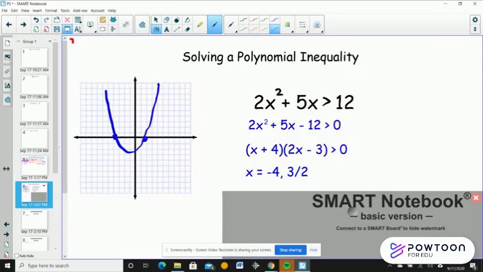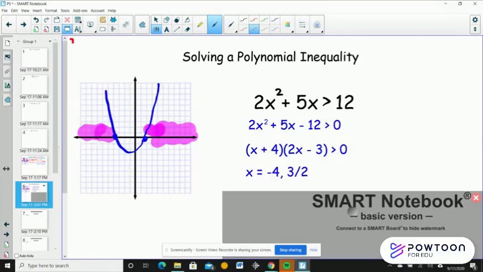once again, we can find the solution intervals for when the polynomial is greater than 0. So the y values are greater than 0 in this x value range, and it's greater than 0 in these x value ranges.